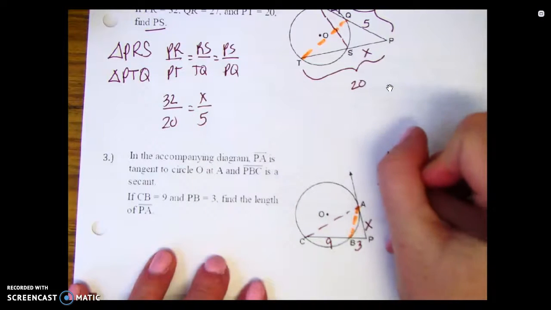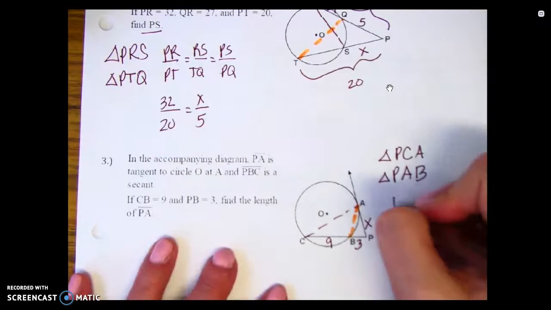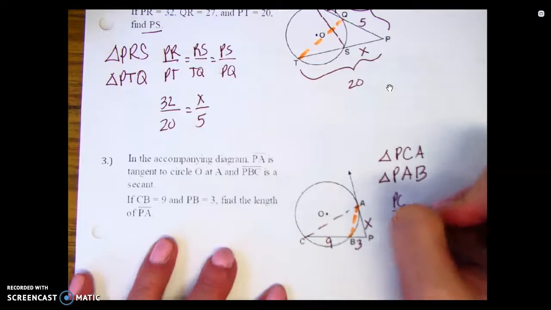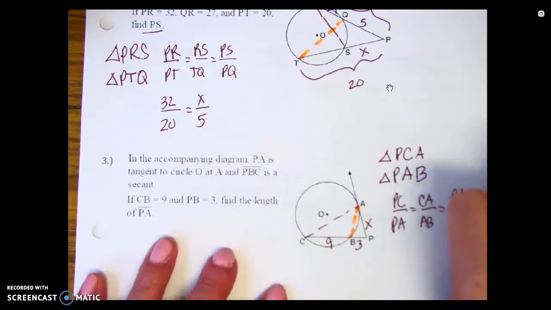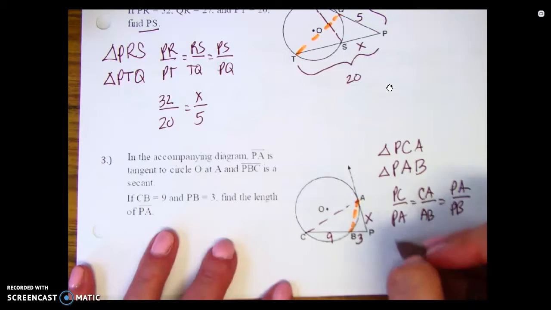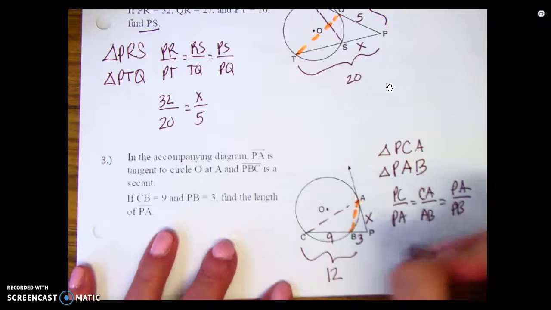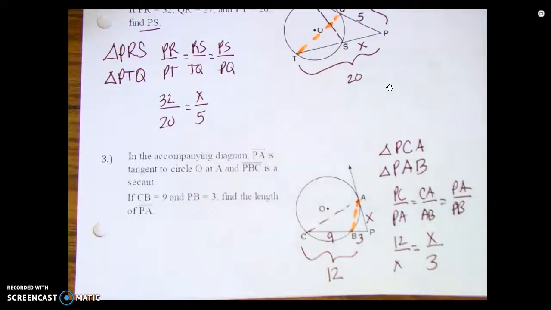So P, point of tangency, B. So I'm looking at PC over PA. CA corresponds with AB, and PA corresponds with PB. PC is 12, PA is X, PB is 3, and I would solve that.